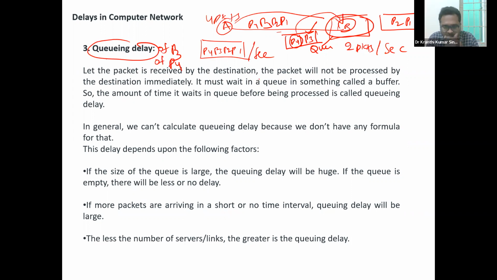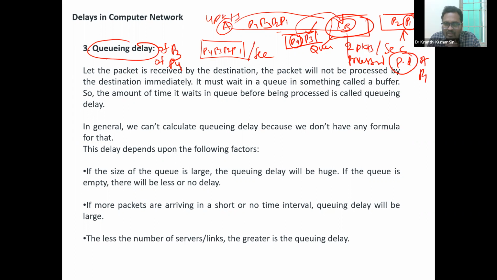Do you understand this? Yes, sir. And if you consider P1, P2, they are already taken up by B. That means the processor of B started executing P1. The time needed to complete the processing of packet P1 is called the processing delay of P1.